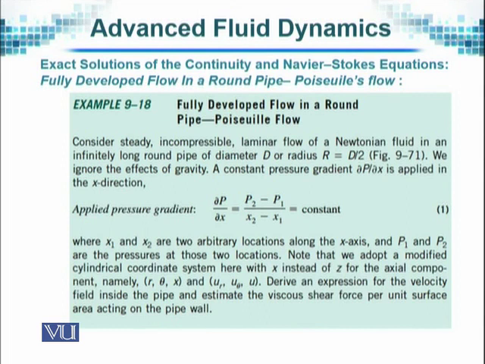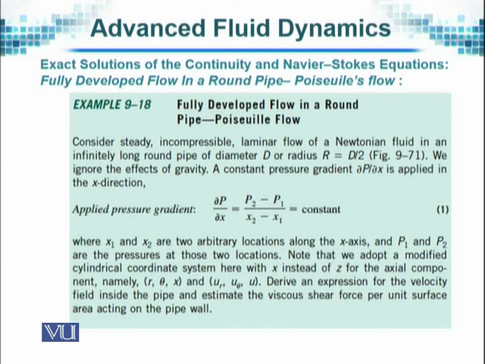For this, we consider steady, incompressible, laminar flow of a Newtonian fluid in an infinitely long round pipe of diameter d, or radius, of course, half the diameter. We ignore the effects of gravity.